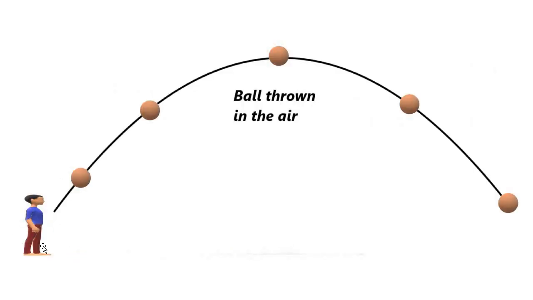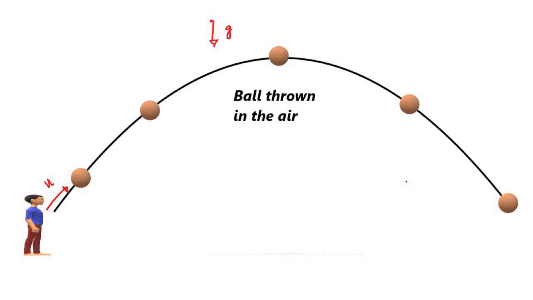Let's say we have a small kid who throws a ball high into the air. So initially he throws the ball with some initial velocity. Then the ball moves in this path, which is in the shape of a parabola, a curved path, and here acceleration due to gravity is acting downwards.